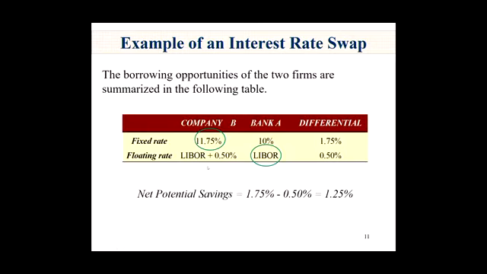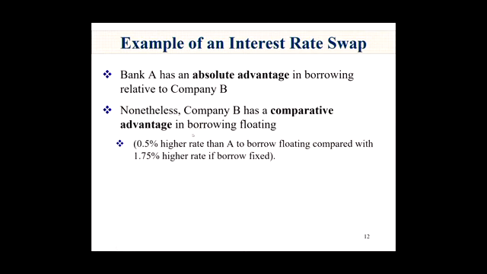So the difference between the rates at which they can borrow is not the same for a fixed or a floating rate loan. So B has a comparative advantage in borrowing floating. If B borrows floating, it's going to have to pay 0.5% higher than A. However, if they borrow fixed, it's going to have to pay 1.75% more.